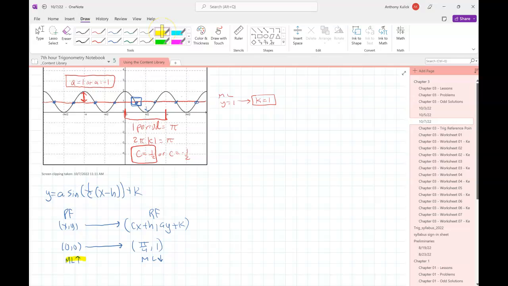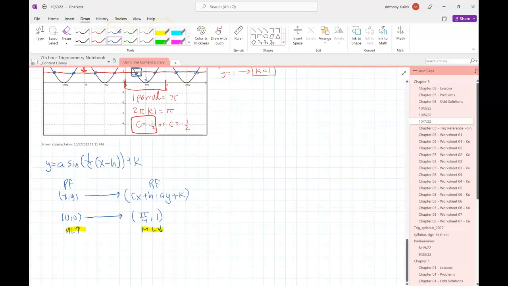If I compare the type of midline point we have, what is that going to tell me? The A is negative because they're opposite types of midline points.